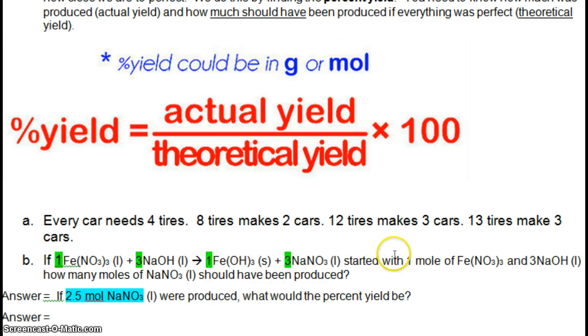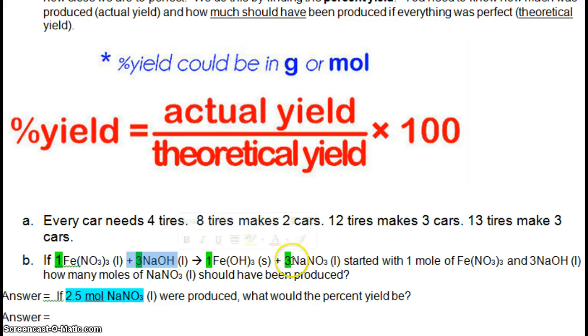So now it's saying, okay, if I start with 1 mole of Fe(NO3)3, so if I start with 1 of these, remember a mole is kind of like a dozen. A dozen means 12. A mole means 6.022 times 10 to the 23rd of anything. If it helps, think of it like molecules or copies. So I need 1 copy of this one and 3 copies of that one.